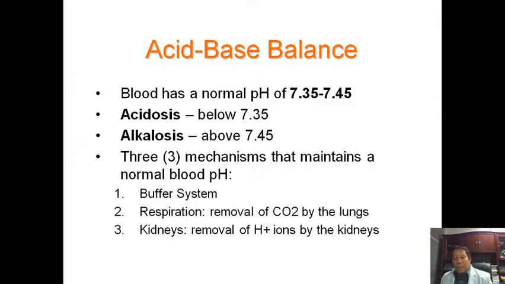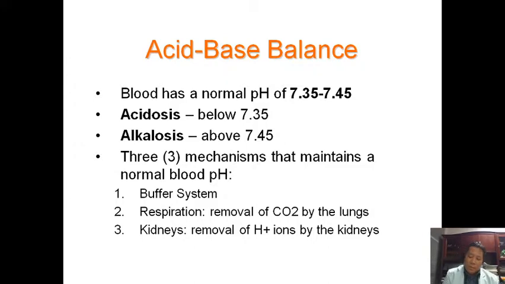So, if the hydrogen ions are getting high in the system, then the kidneys are capable of removing excess hydrogen ions from the system, thus preventing acidosis, metabolic acidosis, that is.